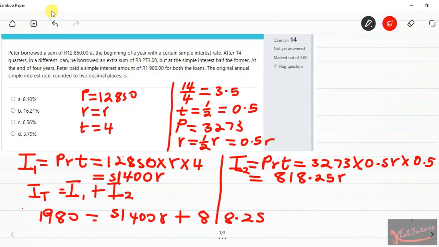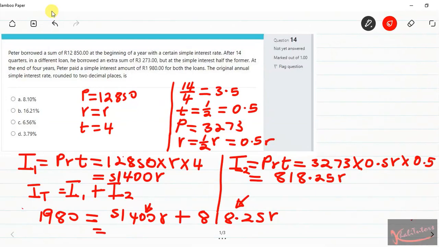Then this one, as you can see, everything is calculated in terms of R. So this one and this one are like terms. If they are like terms, we can simply add them. So we're gonna add the 51,400 and the 818.25 R.